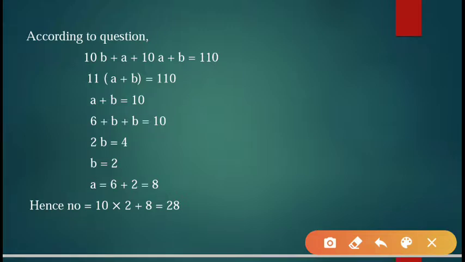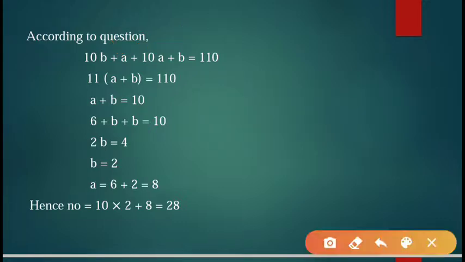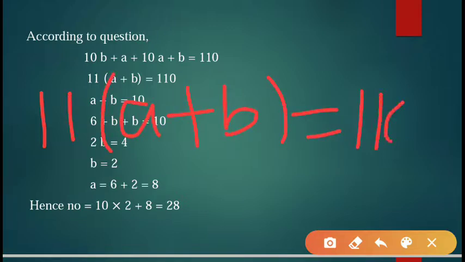Now this b and b we can add. This will give you 11b, plus a and 10a we can add to give 11a, is equal to 110. From here we can take 11 common, and it will give 11 times (a plus b) is equal to 110.